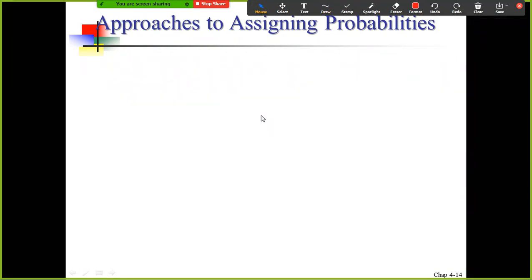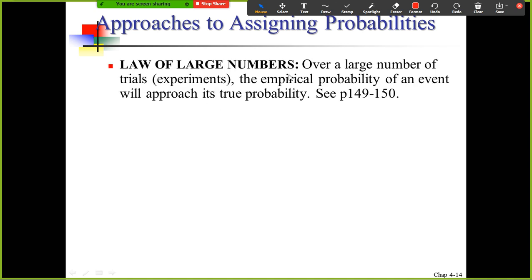So what is the law of large numbers? The law of large numbers states that over a large number of trials or experiments, the empirical probability of one event will approach its true probability, closer to the actual probability.